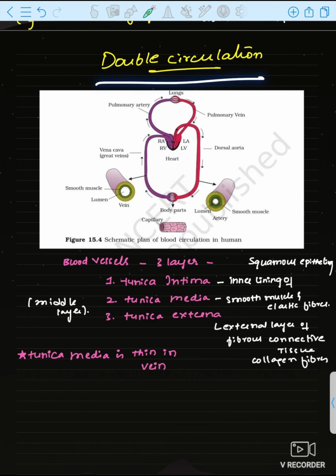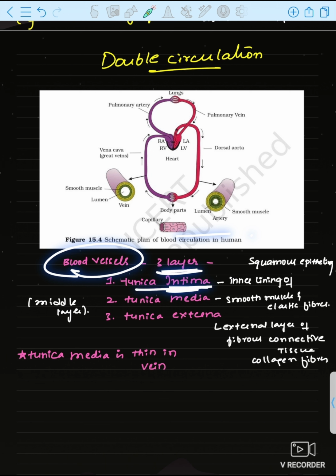See, in double circulation, first let us learn about the blood vessels. Okay, blood vessels have 3 layers. We know tunica intima means inner layer, tunica media middle layer, tunica externa external layer. Intima is the inner lining of blood vessels by squamous epithelium.